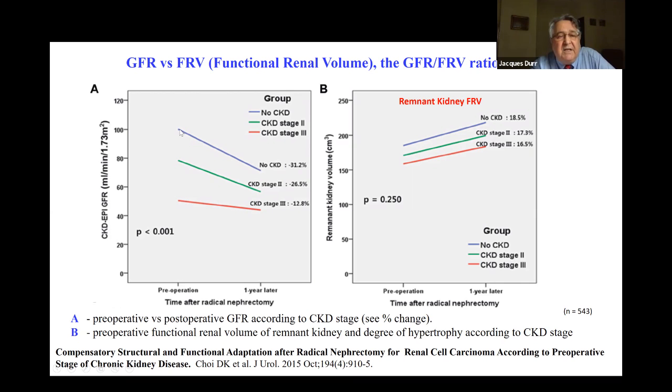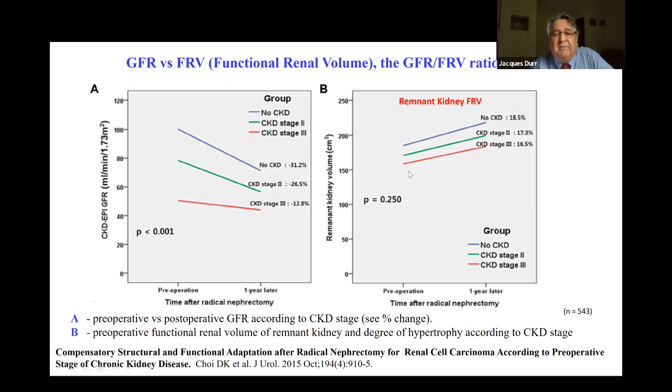And as you can see, the GFR again falls after nephrectomy, here by 31%, here by 26%, and here by about 12% according to GFR stage. So again, patients with good GFR have more decline in renal function.